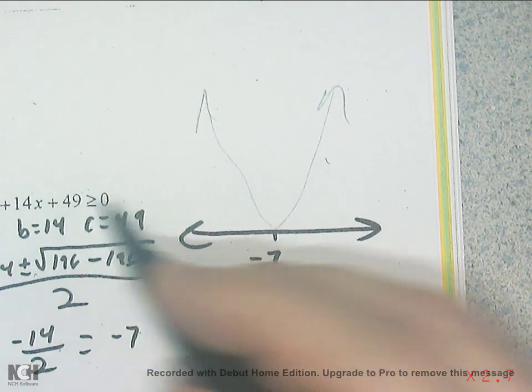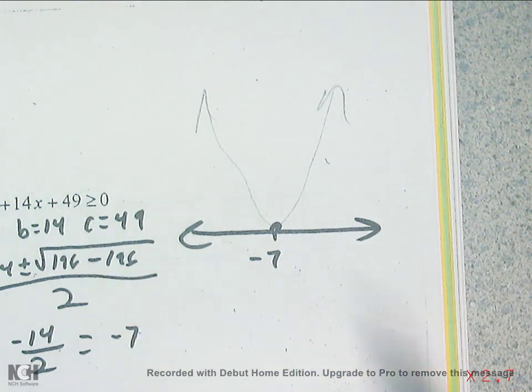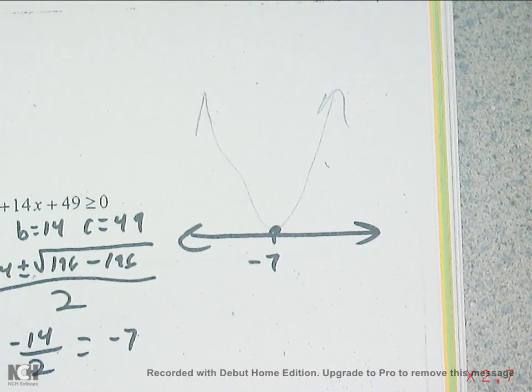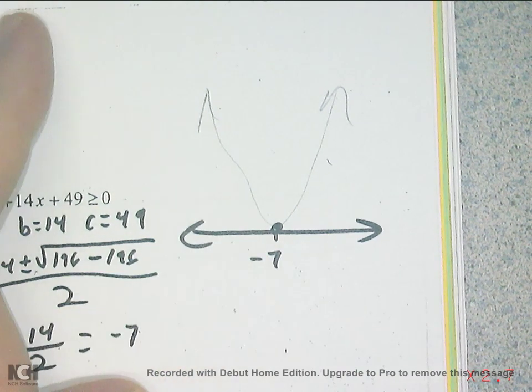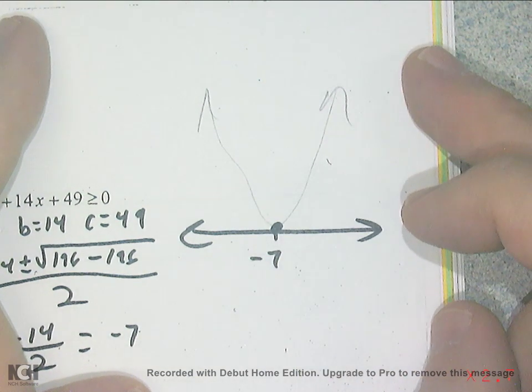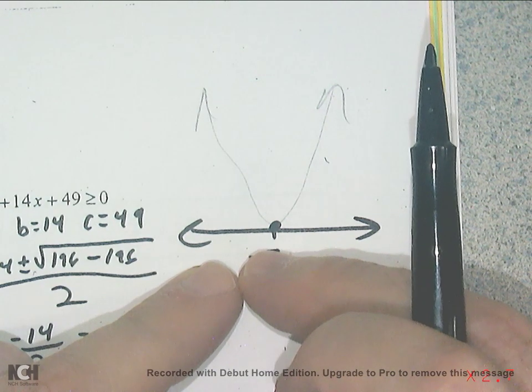So this is equal to 0, so I'm going to put a closed circle, and it's everything greater than or equal to 0. Well, what parts are greater than or equal to 0? Well, everything to the left is greater than 0. Everything to the right is greater than 0. At negative 7, it is at 0.